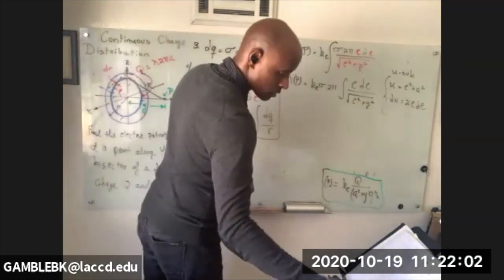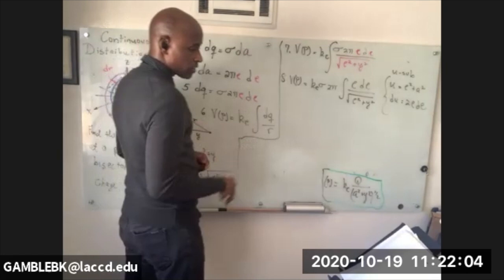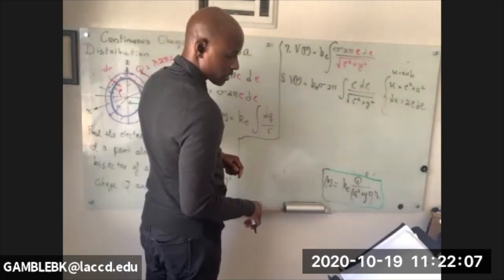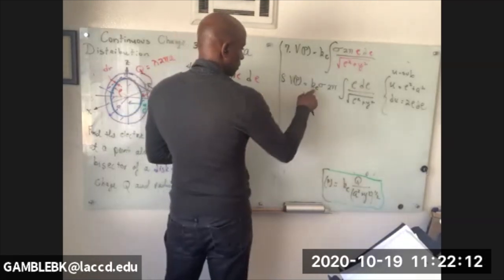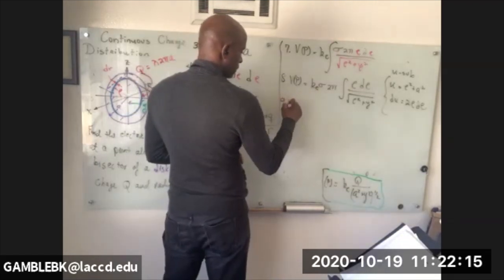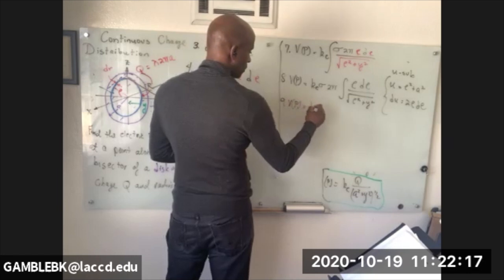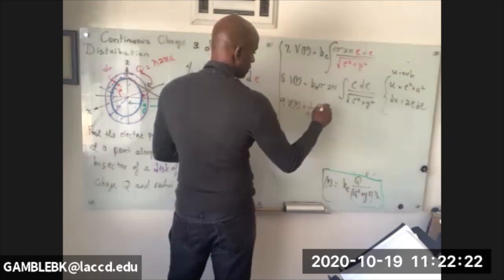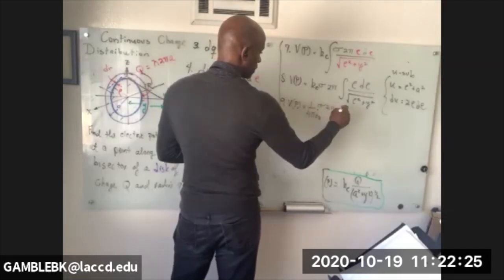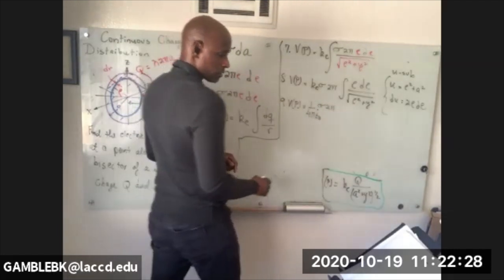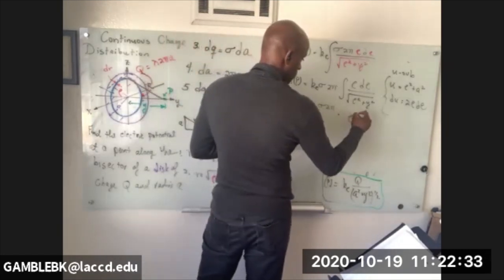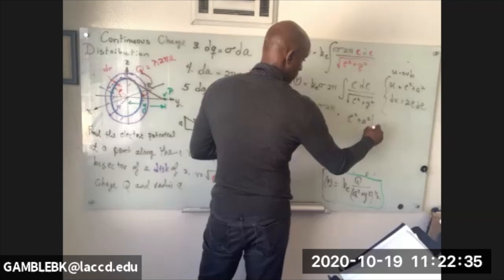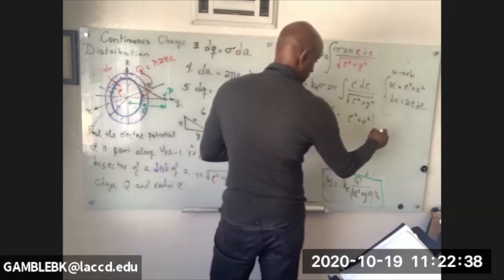And when you integrate, you will get, go ahead and put the k sub e in. So V of P is equal to 1 over 4 pi epsilon naught times sigma 2 pi, and then times the square root of rho squared plus y squared, where rho goes from 0 to a.